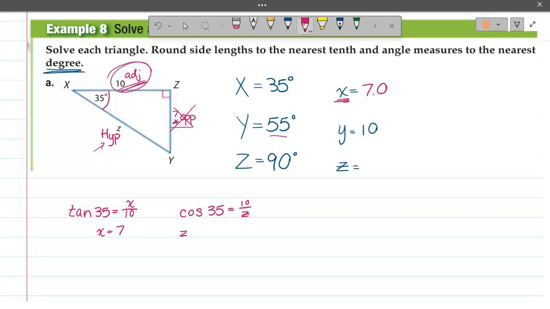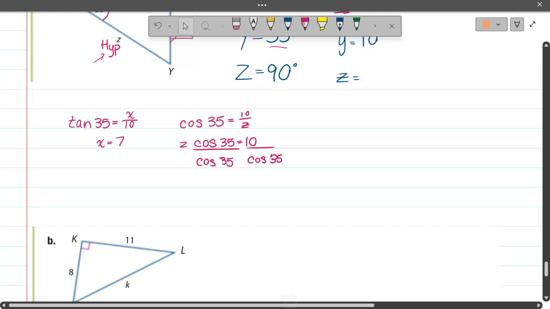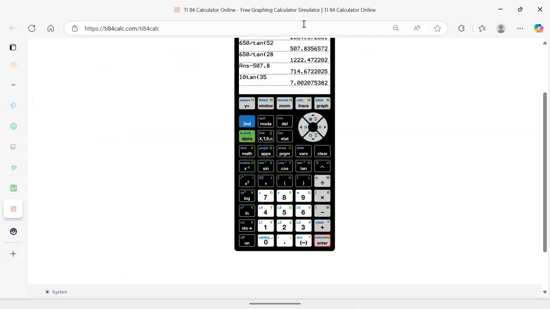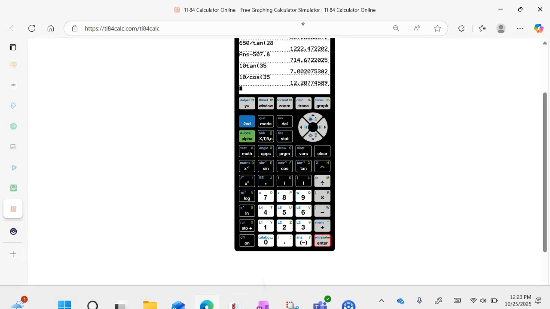Multiplying both sides by z, we have z cosine 35 equals 10. Then we divide both sides by the cosine of 35. And we get our answer for z, 10 divided by cosine of 35, 12.2.